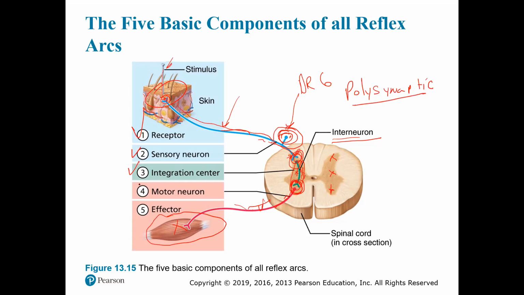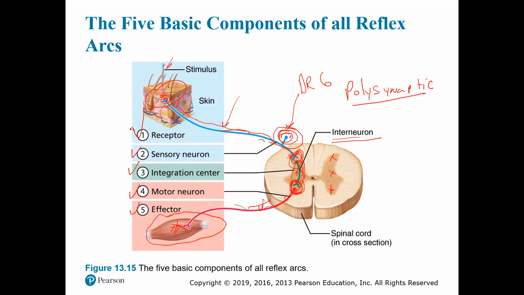So then you have your motor neuron, which is efferent, exiting the ventral horn of the gray matter and going into the effector, which in this case is a skeletal muscle. So if this was your finger, it would be the biceps brachii. If it was your toe, this would be the biceps femoris, which is flexing your knee away from stepping on a nail.